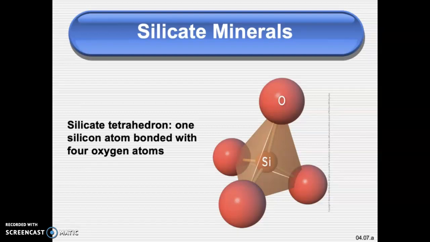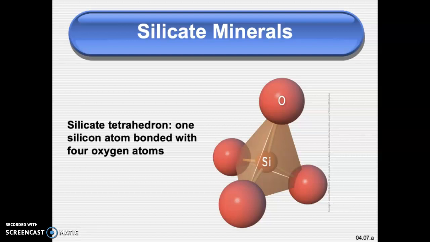Not all, but most. And so we want to look a little bit more closely at this very, very common group of minerals. And we'll be referring back to minerals in this group off and on throughout the semester.